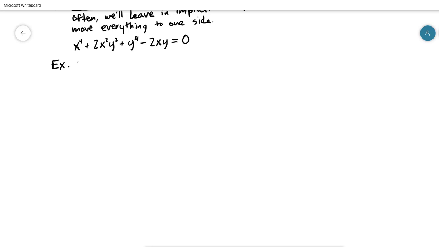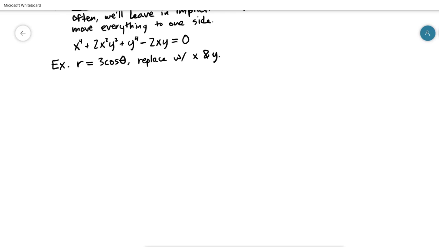So here's another one. I'm going to tell you r is equal to 3 cosine of theta, and I want to know what this looks like in terms of x and y. Okay, this one's actually a little bit easier than the last one.